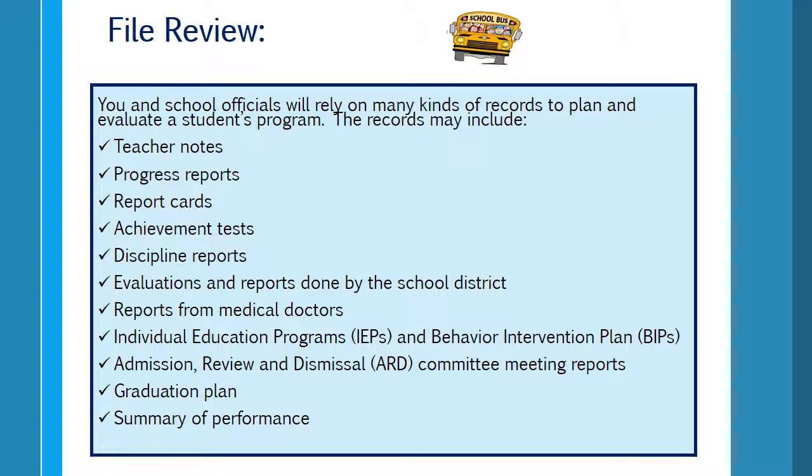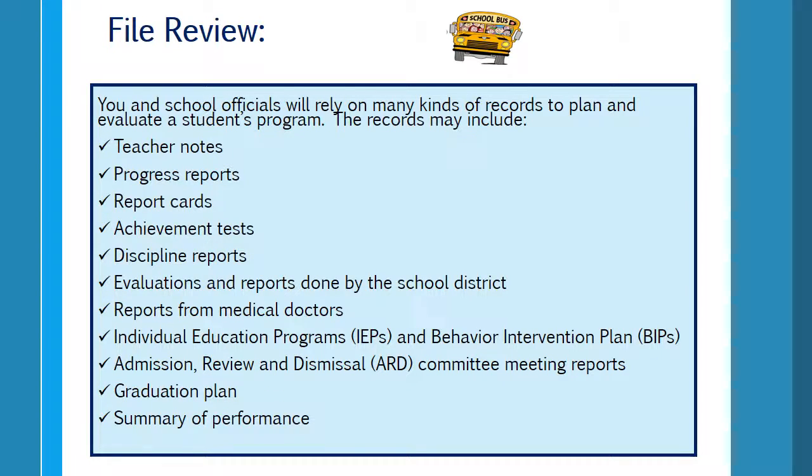Records, even the working file or the complete school file, may include teacher notes, which could be an anecdotal note about an incident or communication with the parent. They can include progress reports, usually updated as often as the classroom teacher updates progress or sends out a report card.